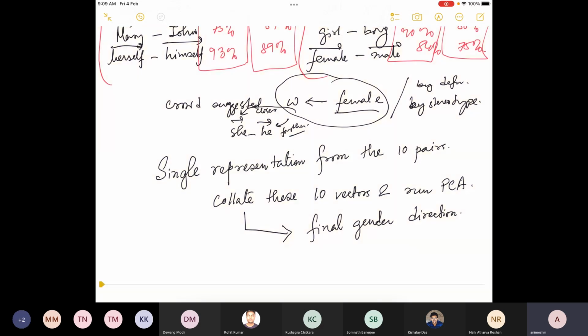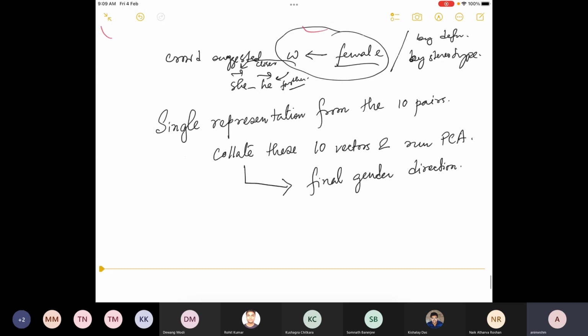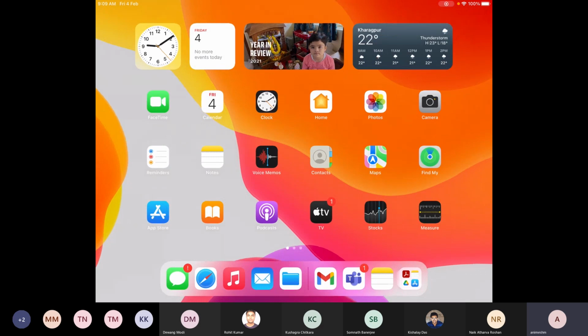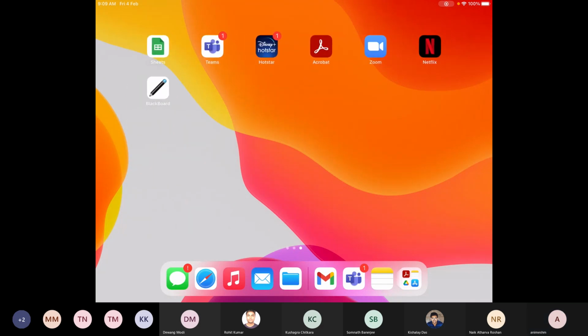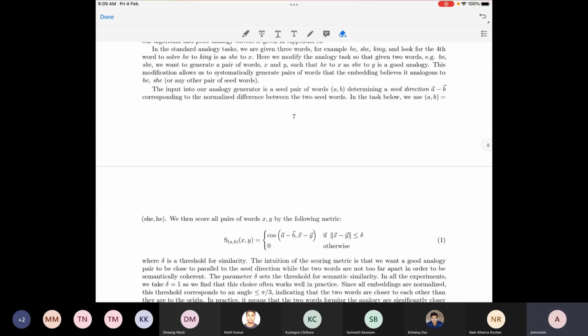Is it able to capture most of the variance in the vectors that we were trying to combine? In order to do that, they plotted the extent of variance explained by each of the principal components.